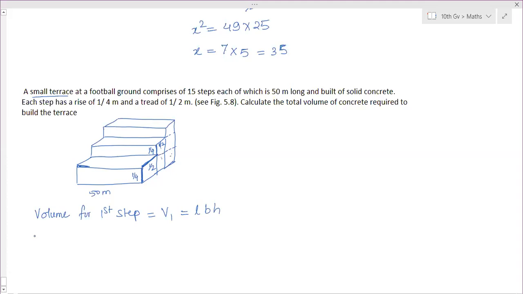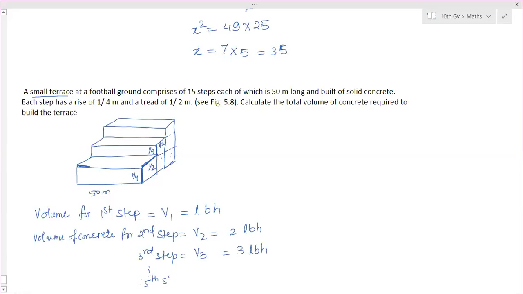Now the volume of concrete for the second step is V2, and this V2 is equal to 2 LBH. V3, the third step, is 3 LBH. Now the 15th step, V15, is 15 LBH.